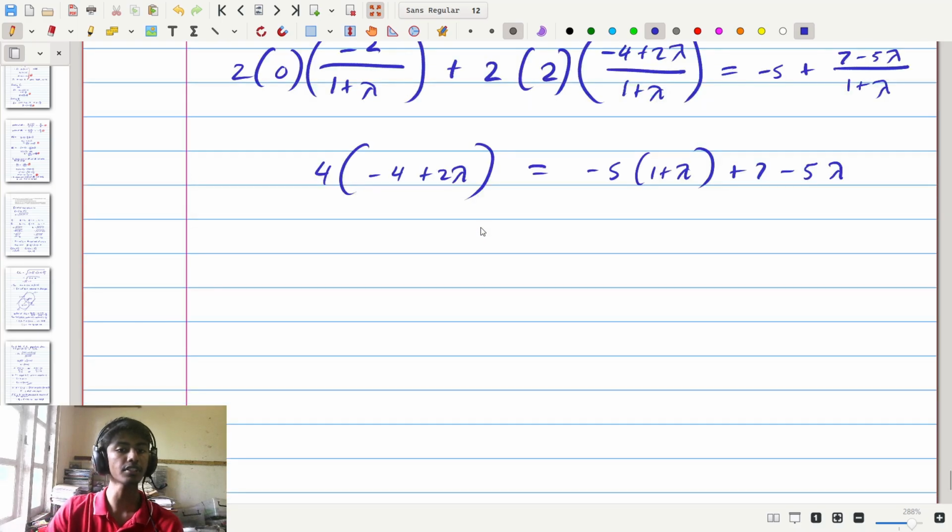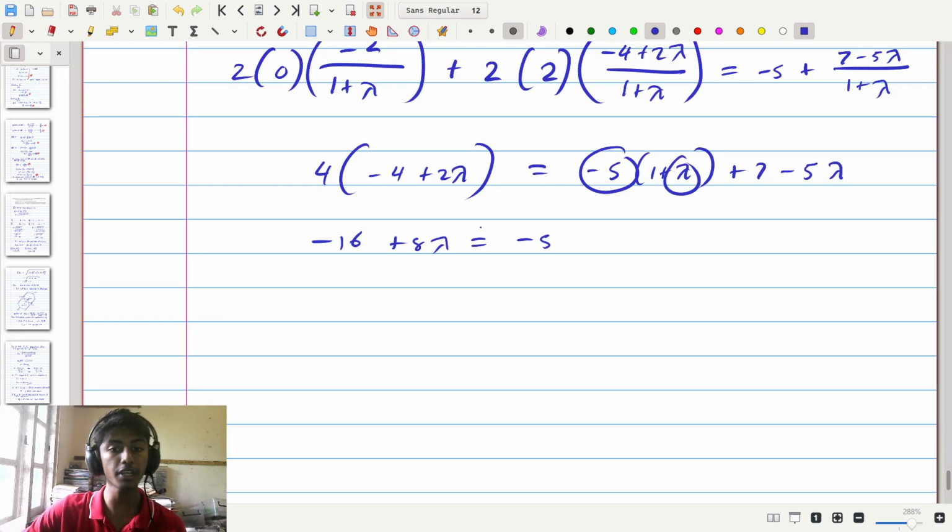Now simplifying, on this side we have minus 16 and plus 8 lambda, but on this side we have minus 5 times 1, which is minus 5, and then minus 5 times lambda, which is minus 5 lambda, and then plus 7, and another minus 5 lambda. So we get this equation right here.